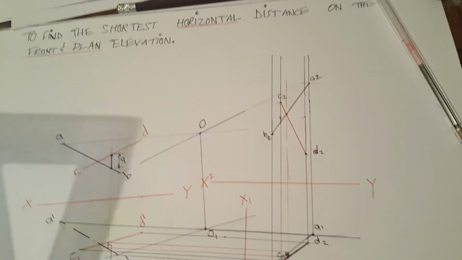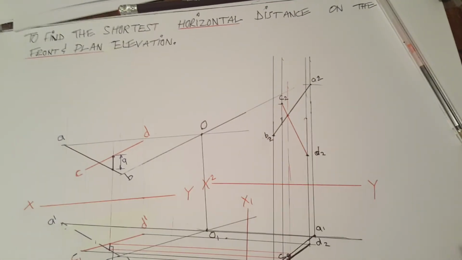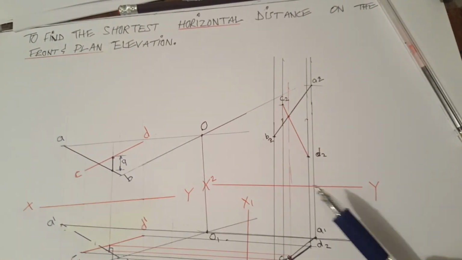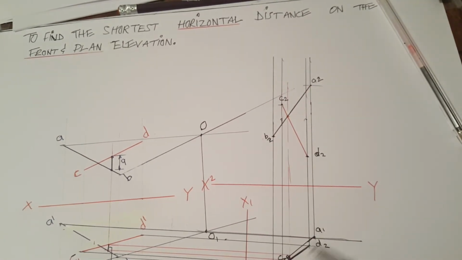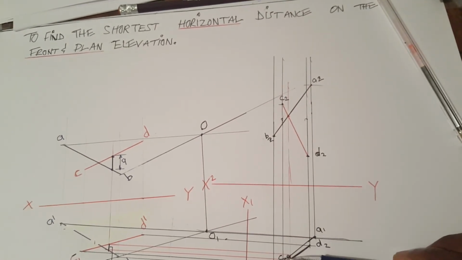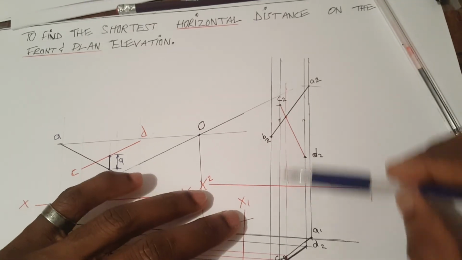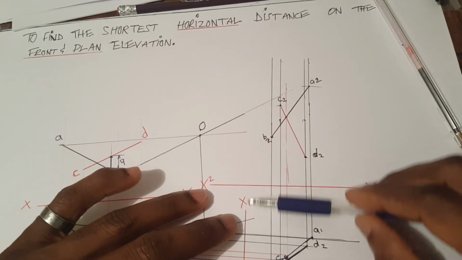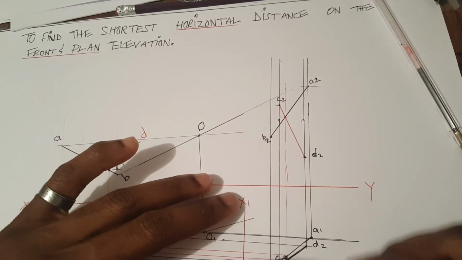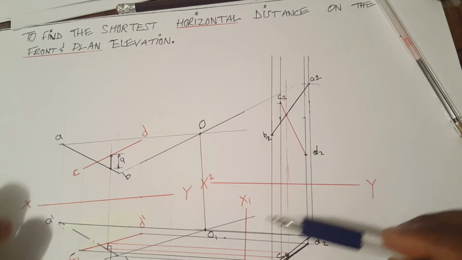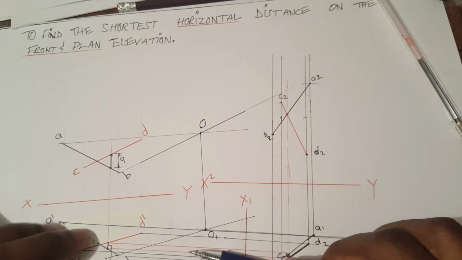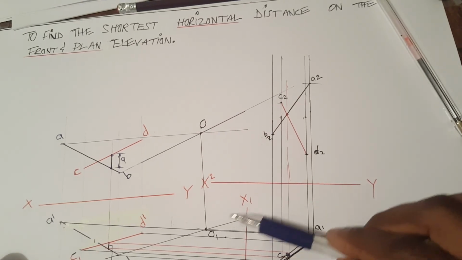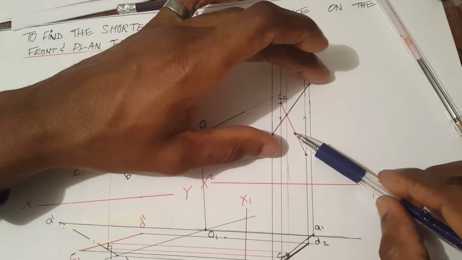So that is it. Let me just repeat a little bit. To find the shortest horizontal distance, once we get the parallel lines, we draw them parallel to the auxiliary inclined plane. We then step back 2 views and transfer the distance here onto this.